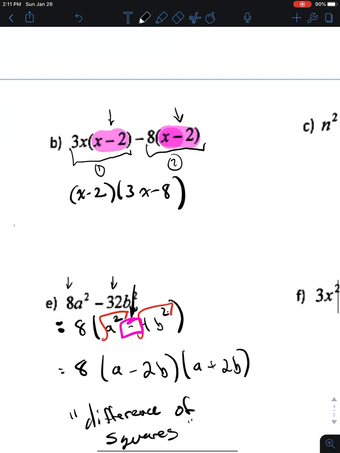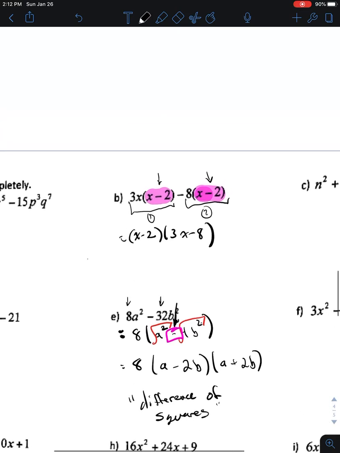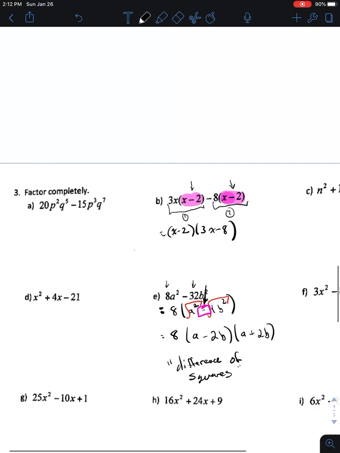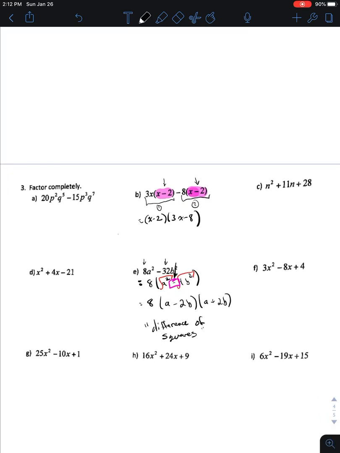Perfect. That's it done. Make sense? I can put some equal signs in there too. And then we have... You see any other?